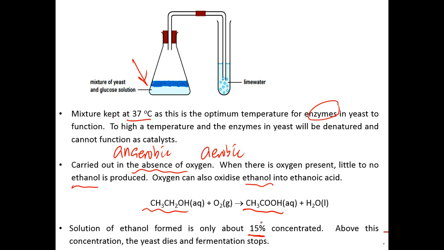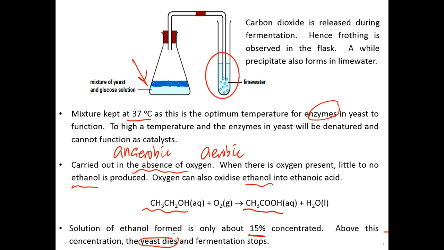The ethanol kills the bacteria, kills the fungus, and kills everything on the surface to make it sterile. So if you have too much ethanol during the reaction, the yeast will die. When the yeast dies, no reaction takes place. And as we mentioned earlier, we will see white precipitate in the lime water because carbon dioxide is formed during the fermentation reaction.